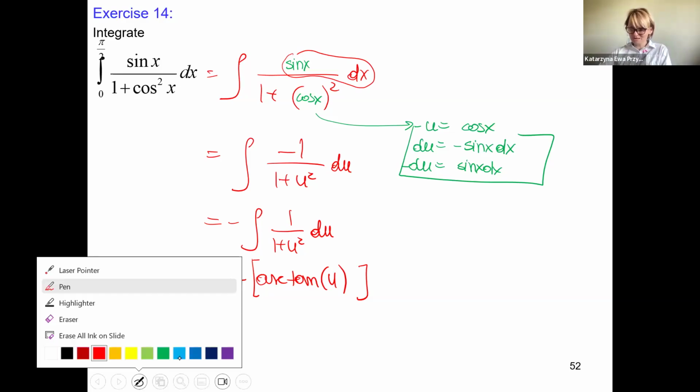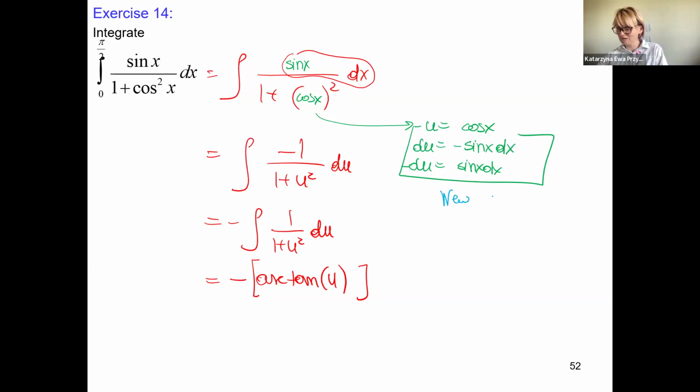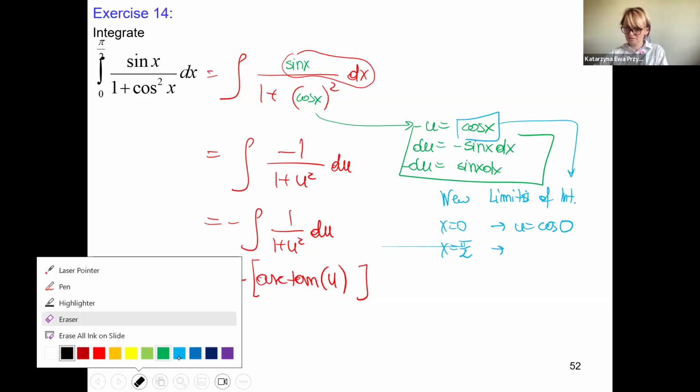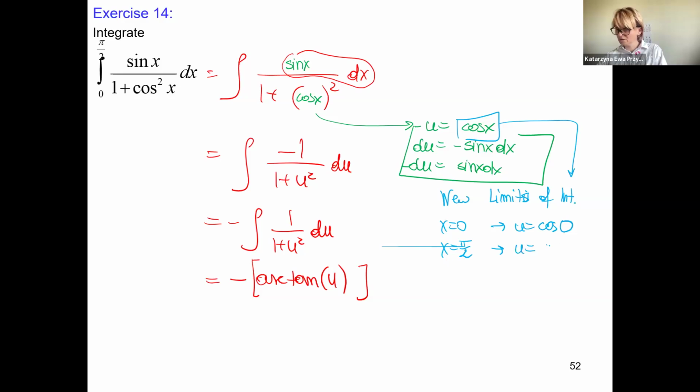Okay, new limits. Please give me the new bounds, or new limits of integration. When x is 0, u is cosine of 0. When x is pi over 2, oh, my pen, oh, I cannot erase, not a good sign. U will be cosine at pi over 2.